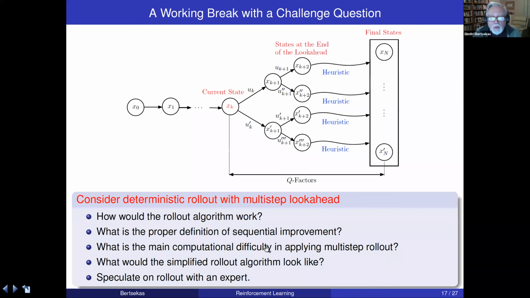But what's the main computational difficulty in applying multi-step rollout in this context? We talked earlier about simplified rollout. How would this look within this multi-step context? Finally, we discussed rollout with an expert. How would that work in this multi-step context also?